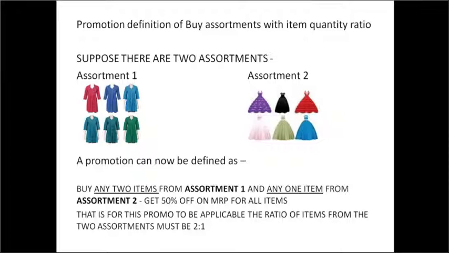That is, if you buy 2 items from assortment 1 and 2 items from assortment 2, then the 2 items from assortment 1 along with 1 item of assortment 2 will be billed at 50% discount, while the other item from assortment 2 will be billed at full price.